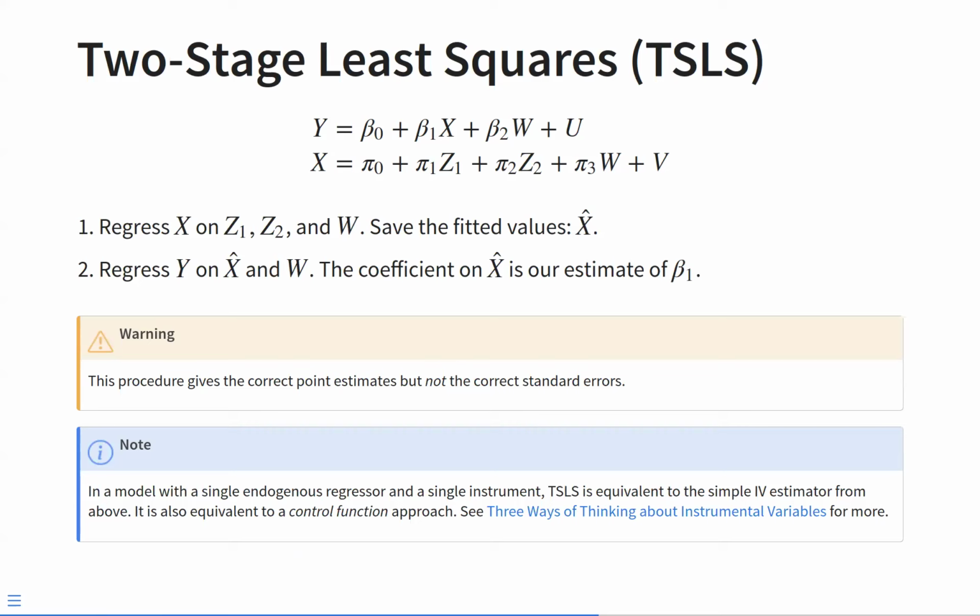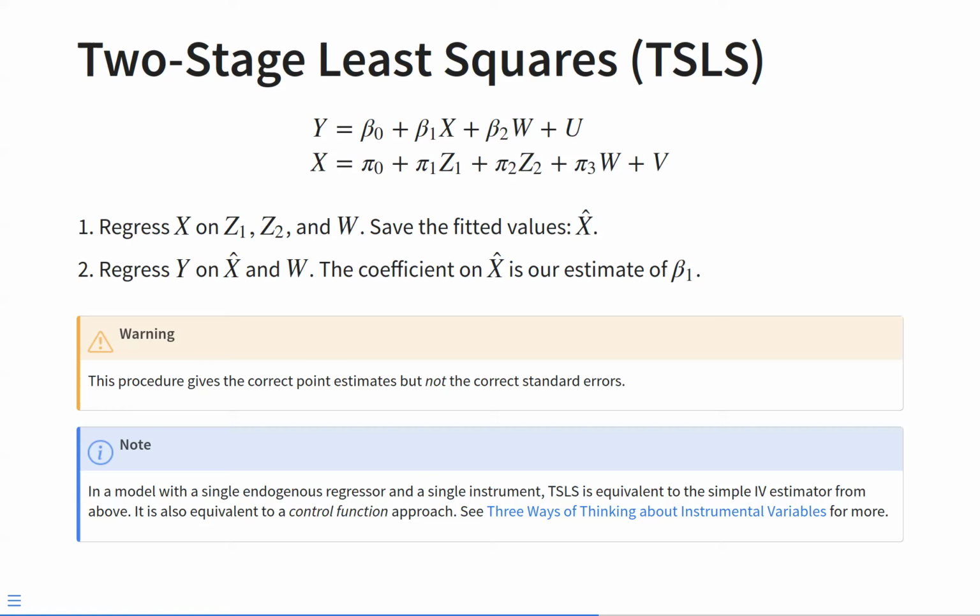Okay, so what is two-stage least squares? Well, it's least squares carried out in two stages. So you could do it, quote unquote, by hand, and if you were to carry out that procedure, here's what you would do. In the first step, you would regress the endogenous regressor x on both of the instruments and the exogenous regressor w.